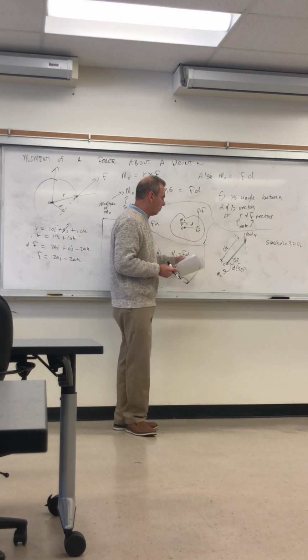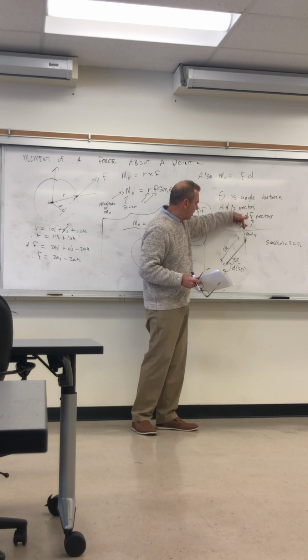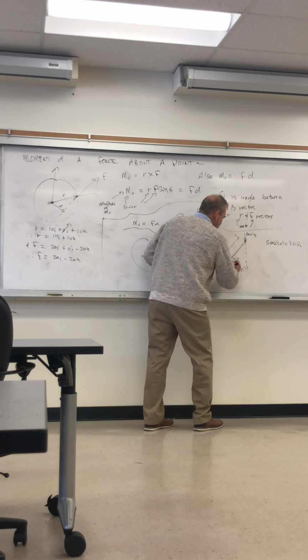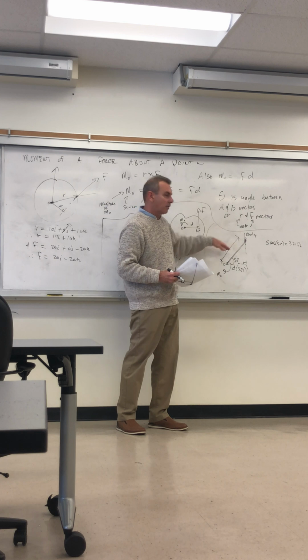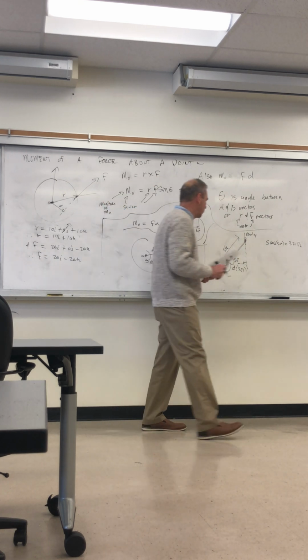Again, the moment is clockwise about this point. Even though the force is applied up here, you extend that, and it's this perpendicular distance that you want. We knew this is 5 feet, so that horizontal distance is 3.21.